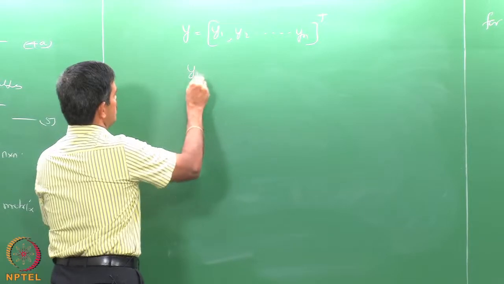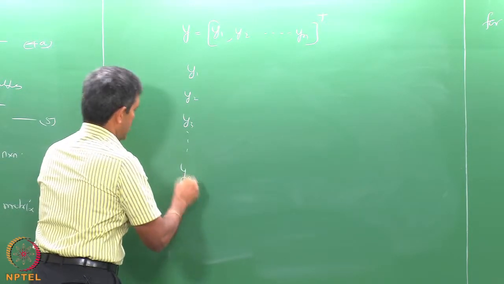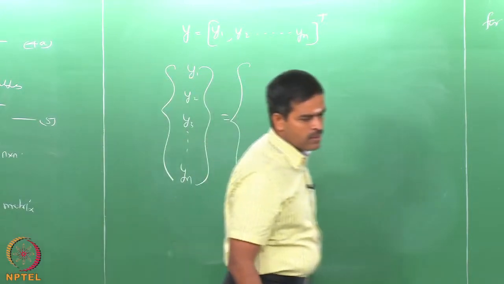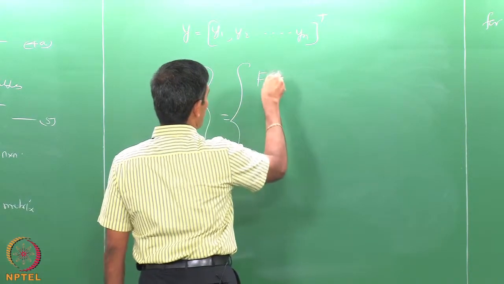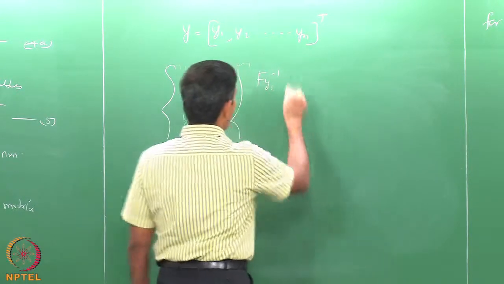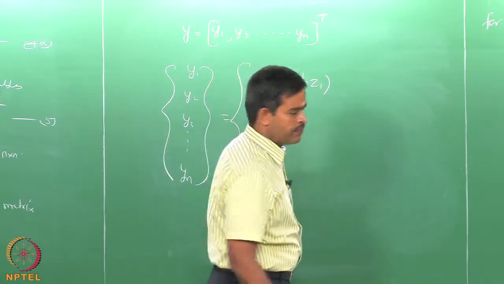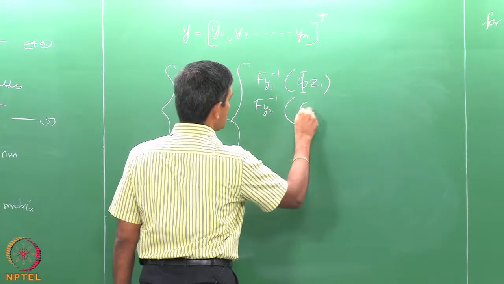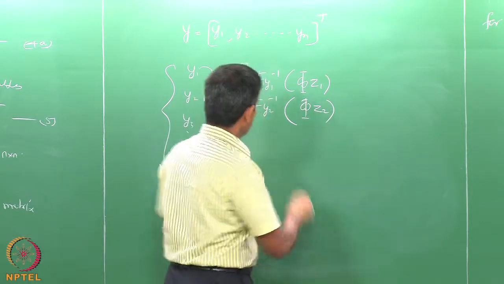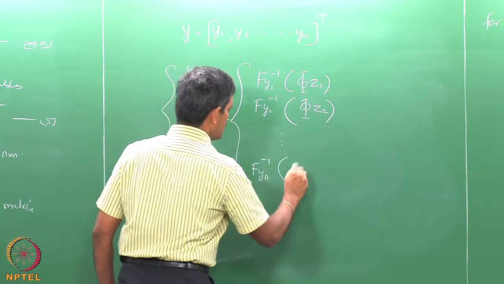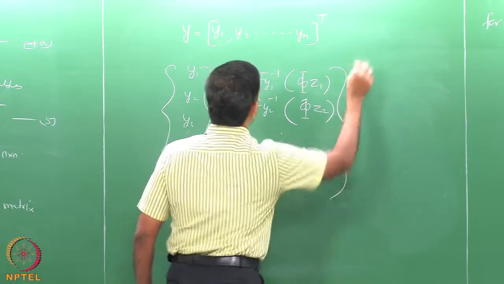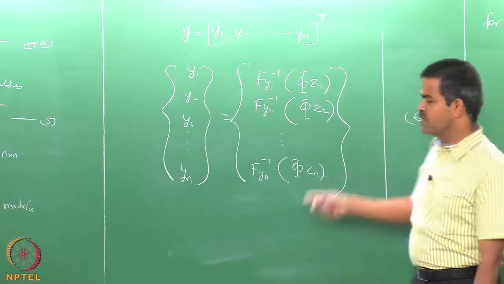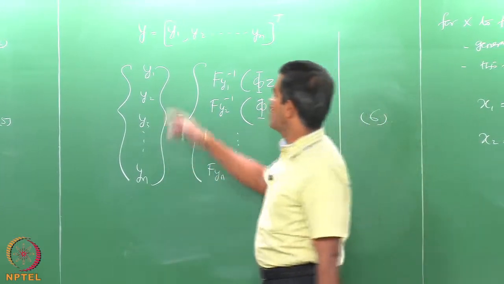So, I want to expand this, say y1, y2, y3, yn is now equal to F y1 inverse phi of z1. Similarly, F y2 inverse phi of z2 and go on to F yn inverse phi of zn. I call this equation number 6. One can repeat this above procedure n number of times as many y variables you require.